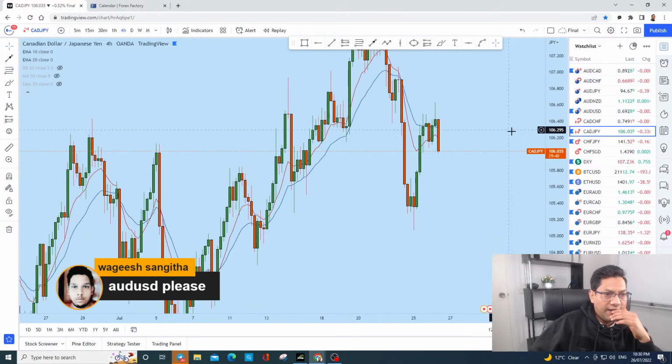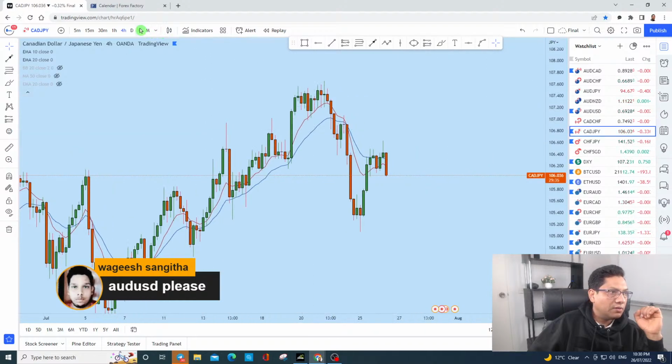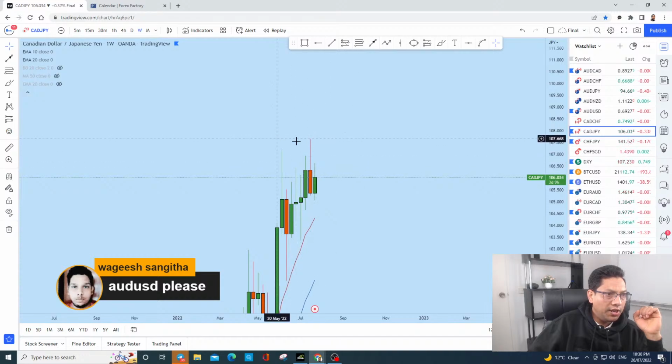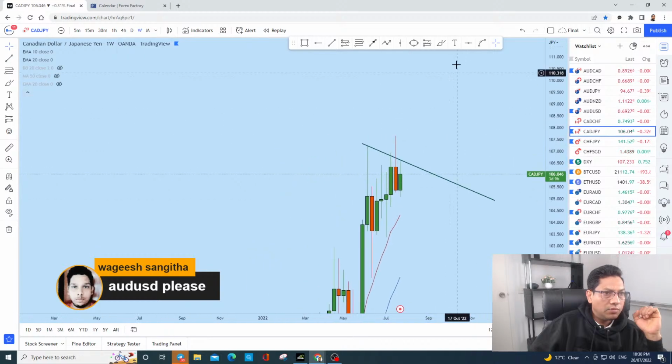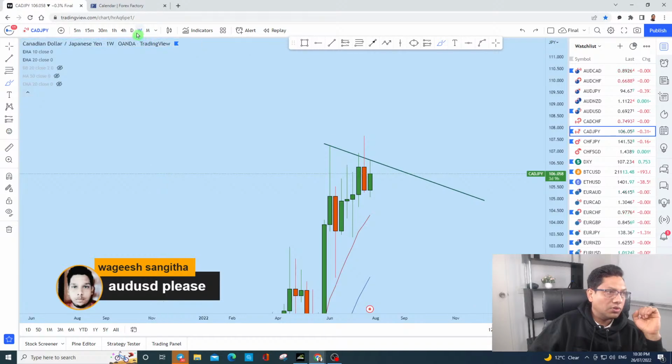Yeah, I think that GBPUSD might come down further. Looking at the weekly, the price went to this weekly resistance. You see the price has created a lower high on this resistance. If you draw this resistance here, we see resistance here, resistance here, resistance here, and from this resistance we see that USDJPY might reject it to the downside.